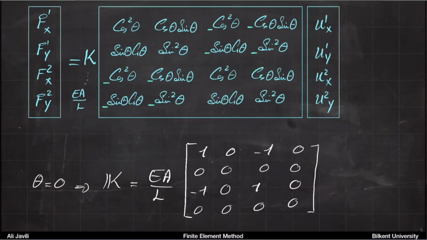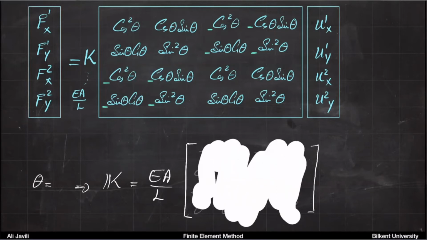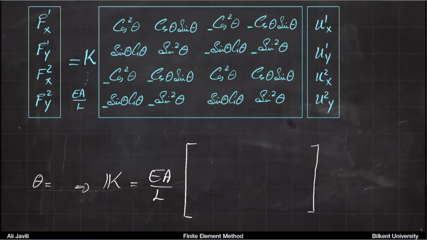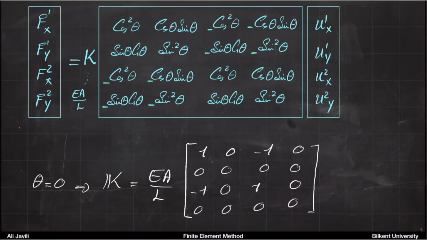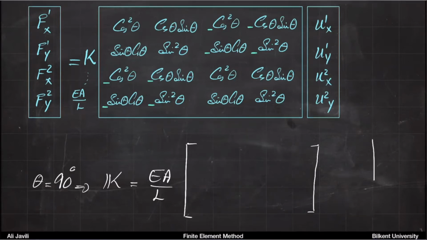Now, what if theta is 90 degrees? In the previous example, when theta is 0, you are talking about an element that is, in an xy coordinate system, flat. So this would be your element. If theta is 90, in the same coordinate system, this would be this vertical element.